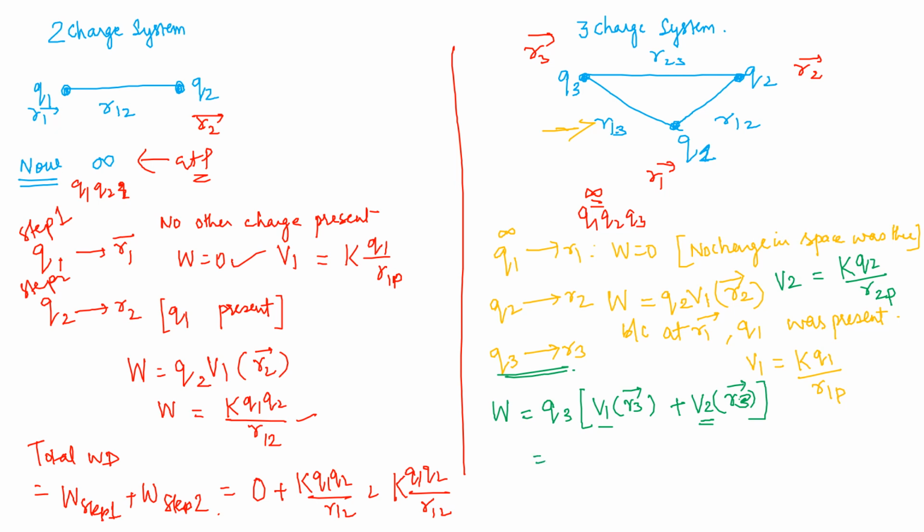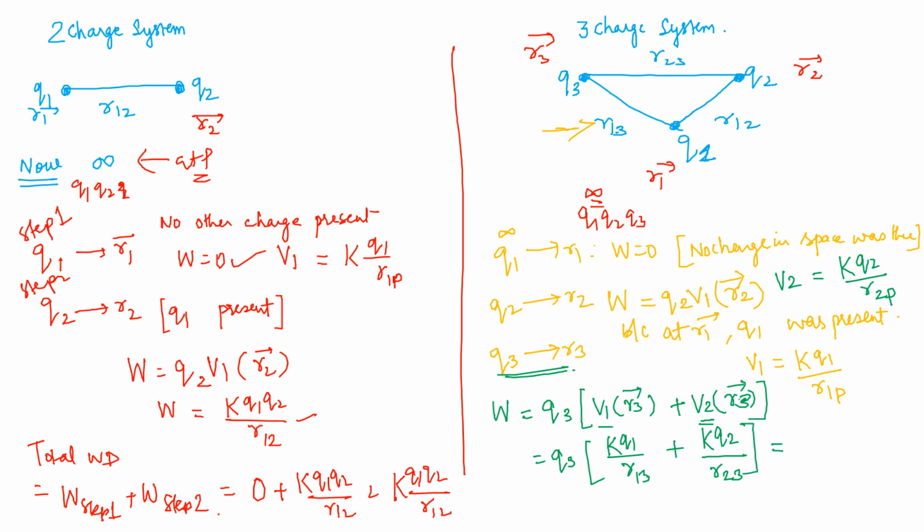So it will come Q3 into potential due to 1, given as KQ1 upon R13 at position 3 we are asking, plus KQ2 upon R23 from 2 to position 3.